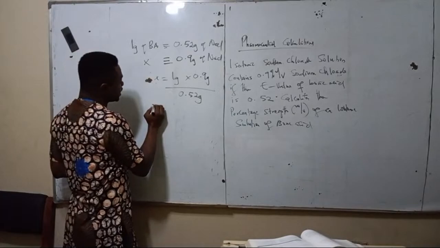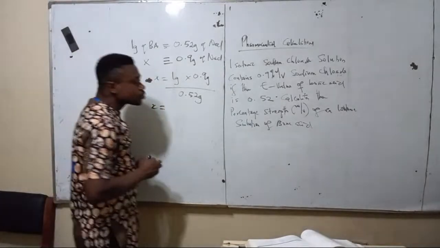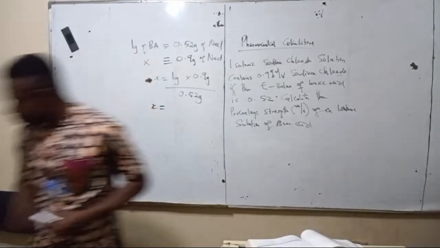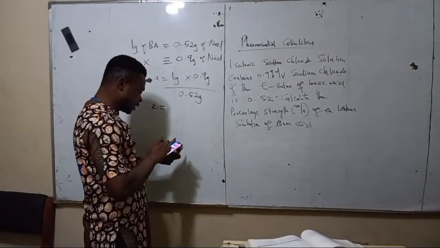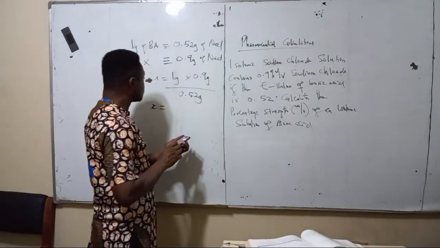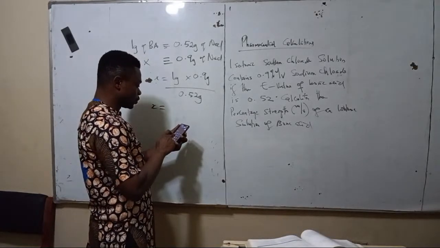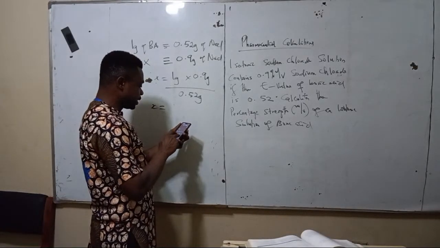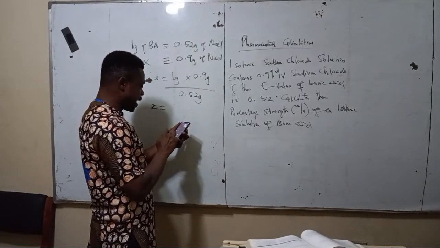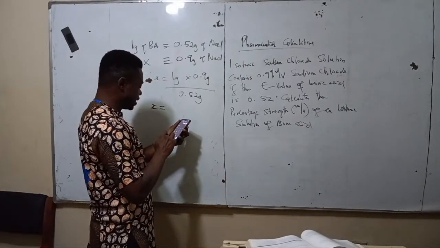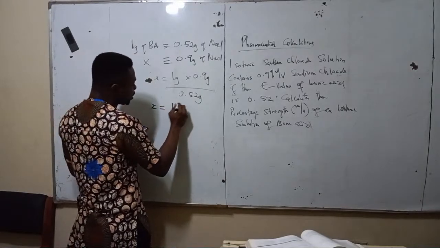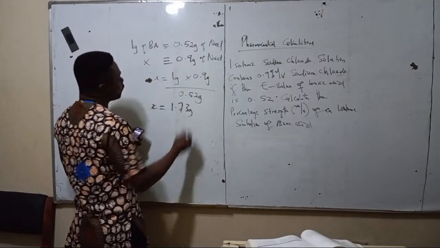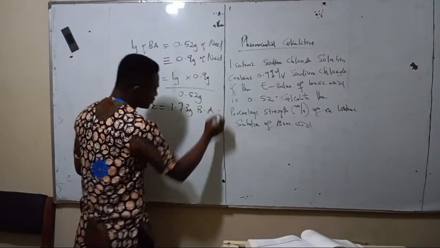So this will give us that X is equal to, to avoid wasting time, let's punch the calculator. X is equal to 1 times 0.9 divided by 0.52. So this is approximately 1.73 what? Gram of what? Boric acid.